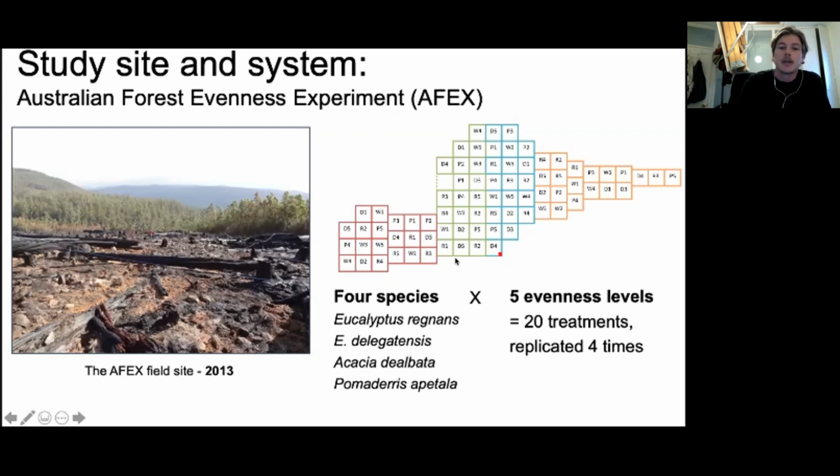It was set up as a full orthogonal evenness by dominant species experiment, which used 4 locally abundant species: Eucalyptus regnans, Eucalyptus delegatensis, Acacia dealbata, and Pomaderris apetala. These 4 species at 5 different evenness levels created 20 different treatments, and this was replicated 4 times.